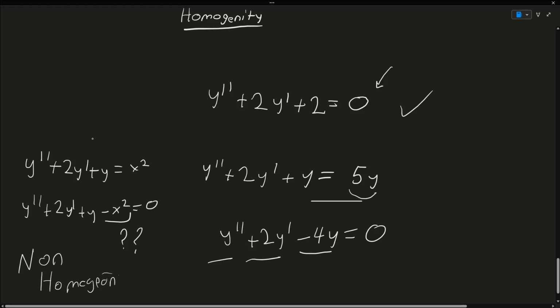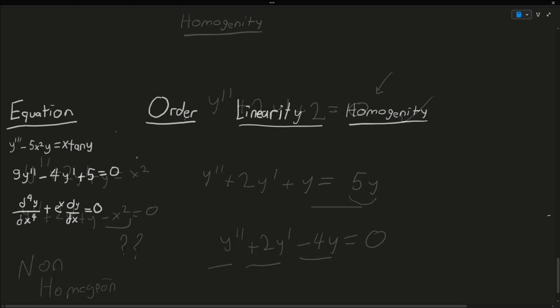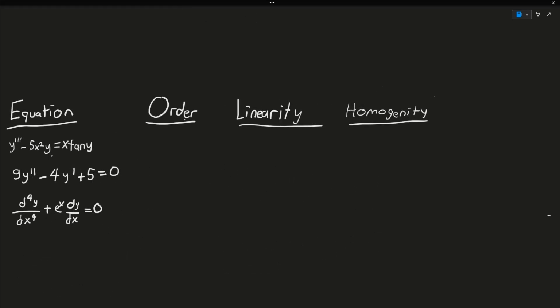So now let's move on to some examples. The first example is y triple prime minus 5x squared y equals x tangent y. Well, the order for this differential equation will be 3 because the highest derivative is 3. So now let's move on to this differential equation for order. 9y double prime minus 4y prime plus 5 equals 0.